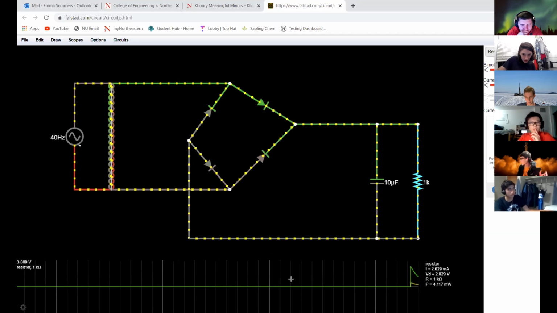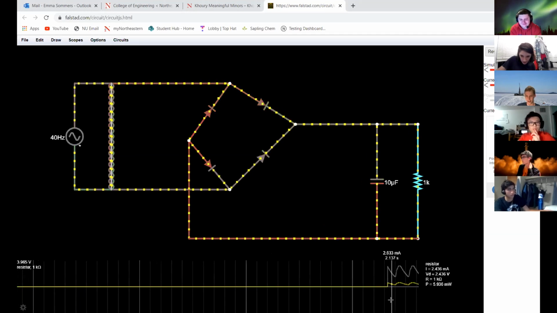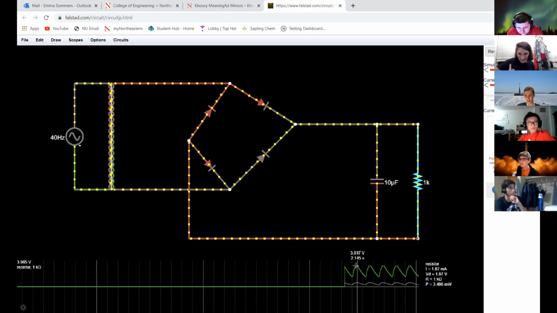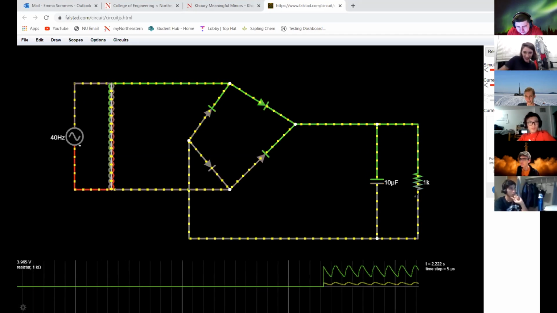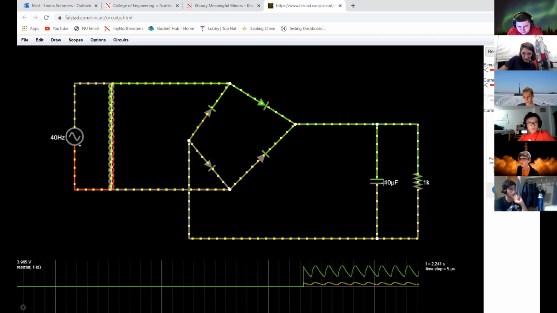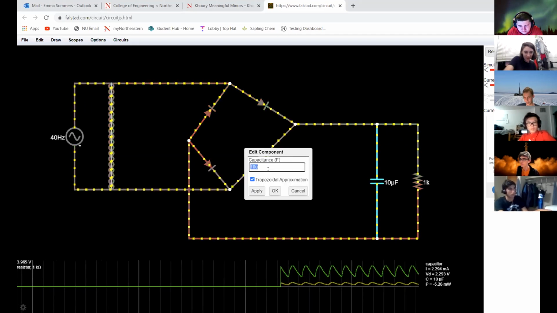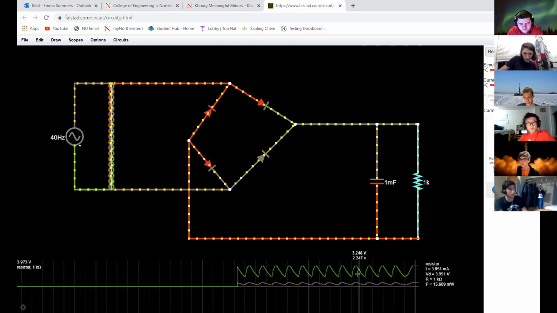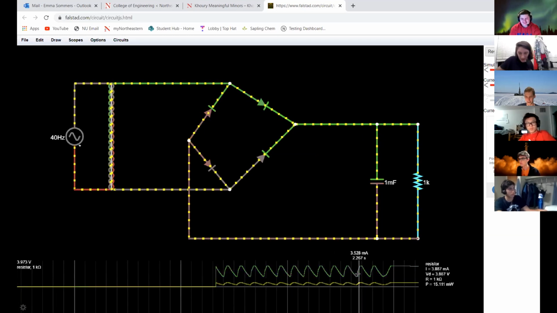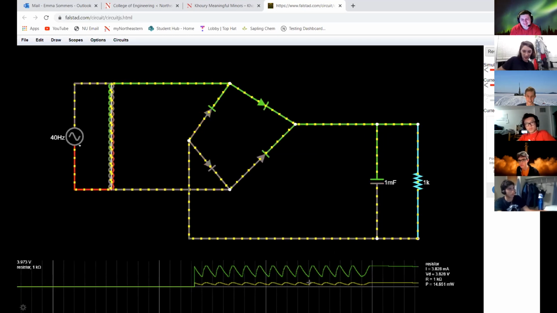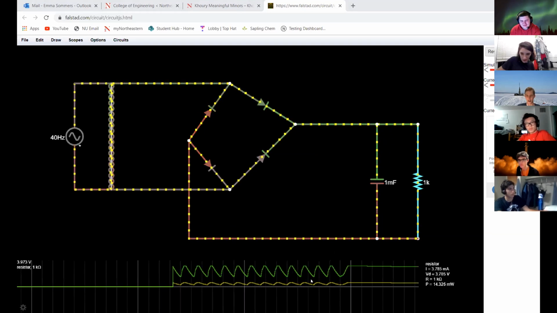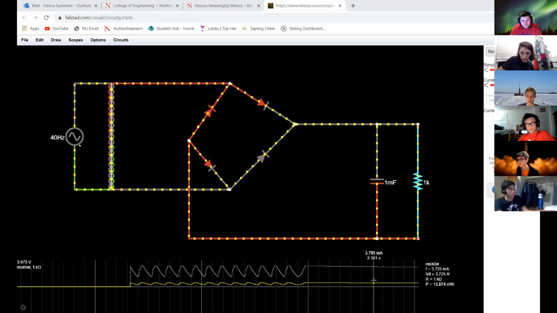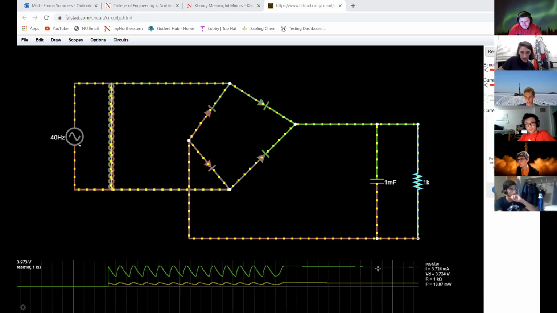View and scope. There we go. Yeah, that looks more right. It's still doing something weird, but if you make your capacitor 1,000 instead of 10, we should see. Oh, there you go. So you were probably looking at the current on one of the diodes or one of the wires around there. Diodes tend to do very weird things.